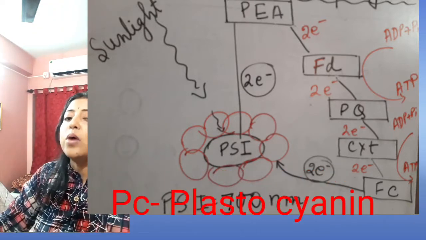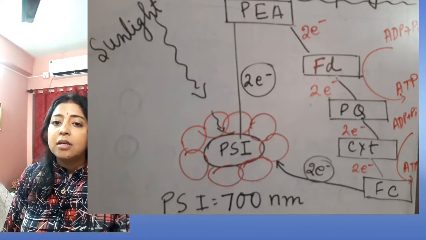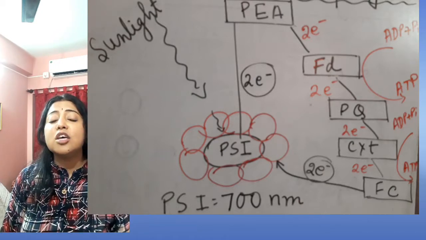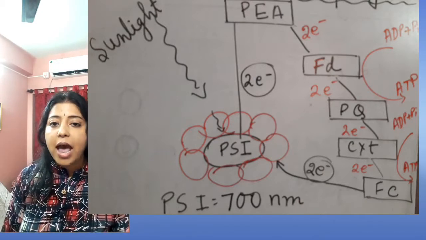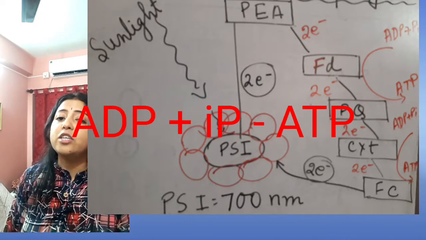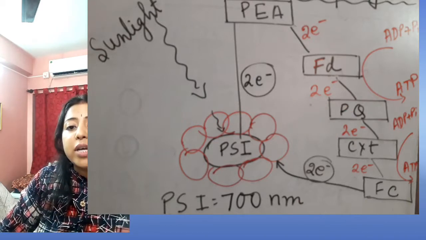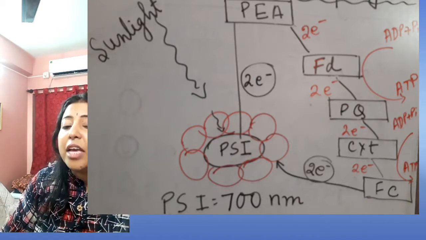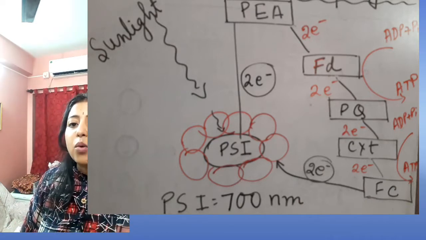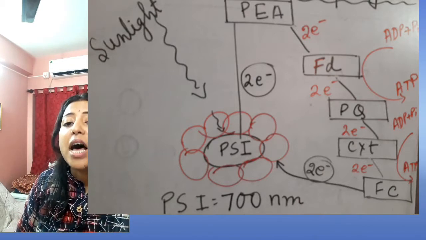At each step they will release some energy, and in two phases, ADP will be added with inorganic phosphate to form ATP. What are they? First one is between FD and PQ, where one ATP will be formed, and the other one is between cytochrome and PC, that means plastocyanin.